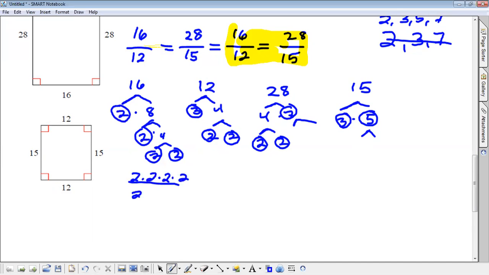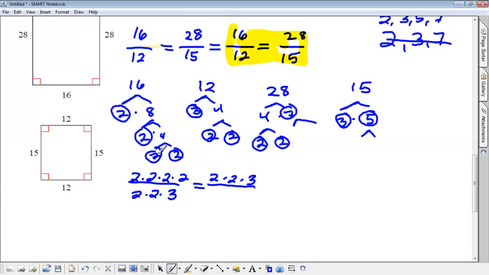So it'll be 2 times 2 times 3. Factor of 28 will be, do you guys see the mistake right here? Oh no, that's right. That'll be 2 times 2 times 3.